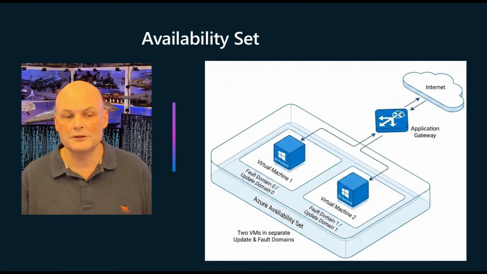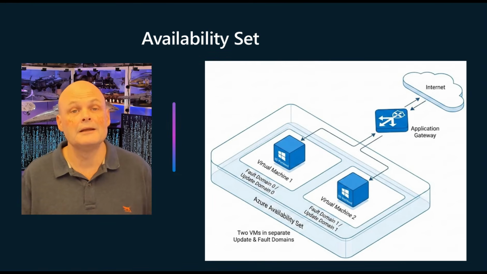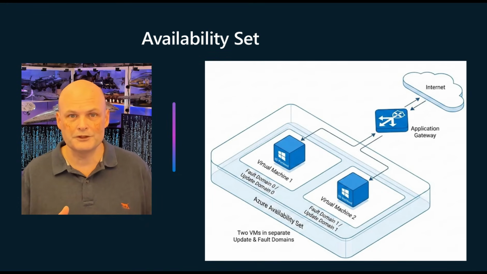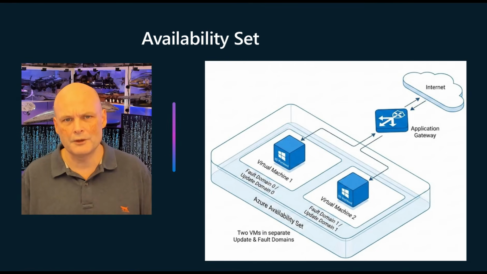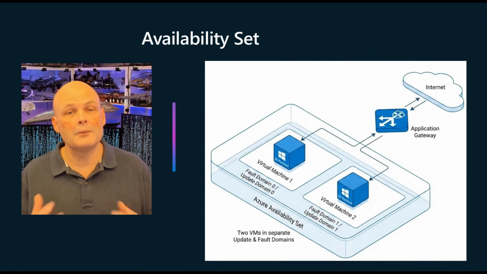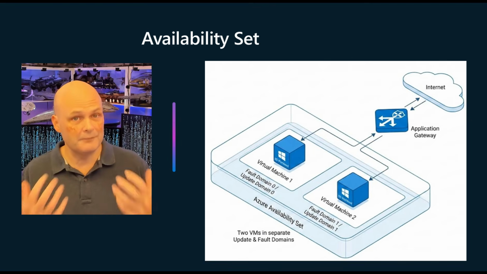Now, for a Windows Server IIS deployment, an availability set has the following advantages. Multiple IIS VMs distributed across fault and update domains will ensure the website remains accessible even during planned Azure maintenance or hardware failures. Azure, by default, will guarantee a 99.95 SLA when you put VMs in the appropriate fault and update domains.